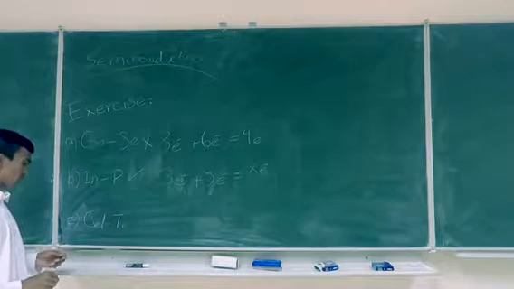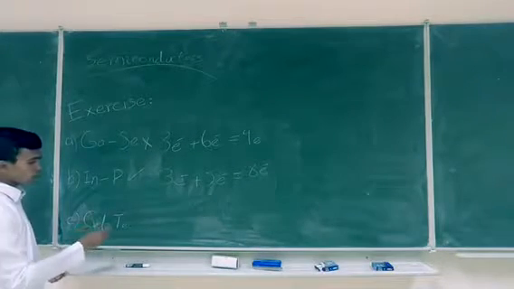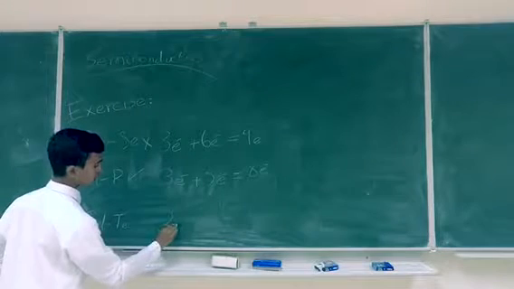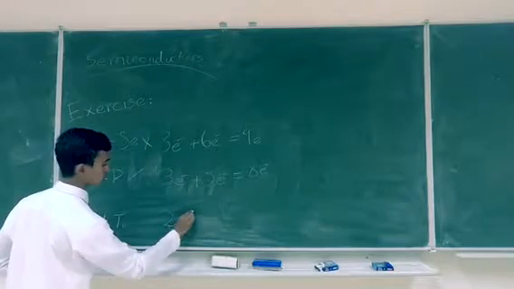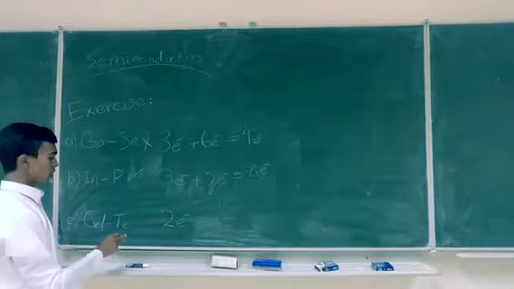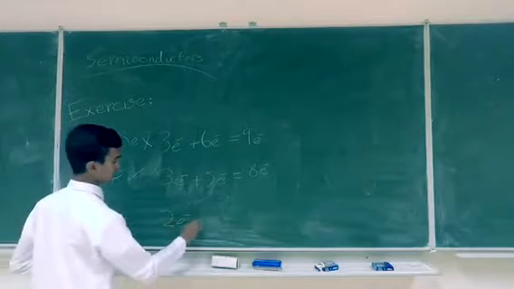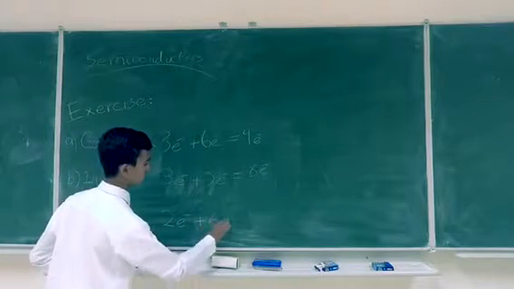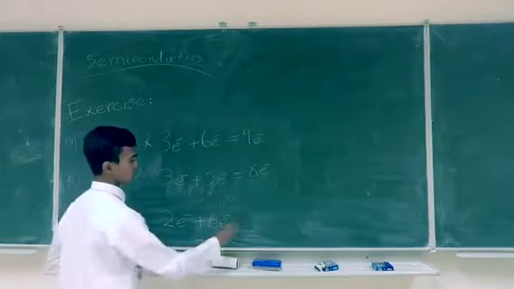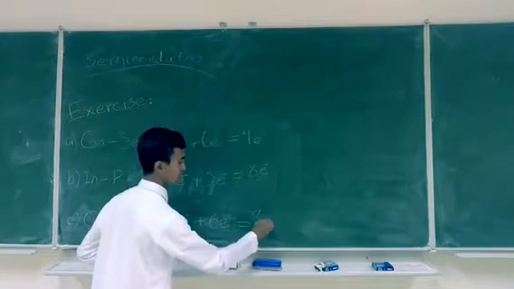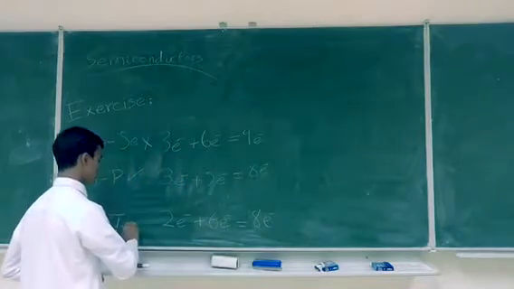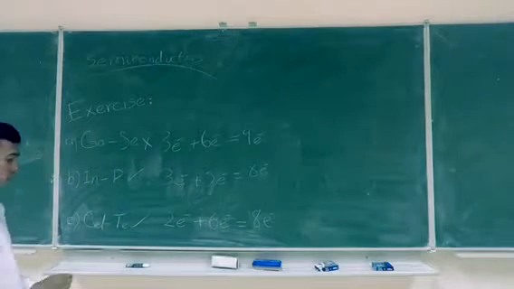Here in cadmium and tellurium, cadmium, as we know, has 2 valence electrons, and tellurium has 6 valence electrons. So when we add them, we get 8 electrons. So this also can be a semiconductor.